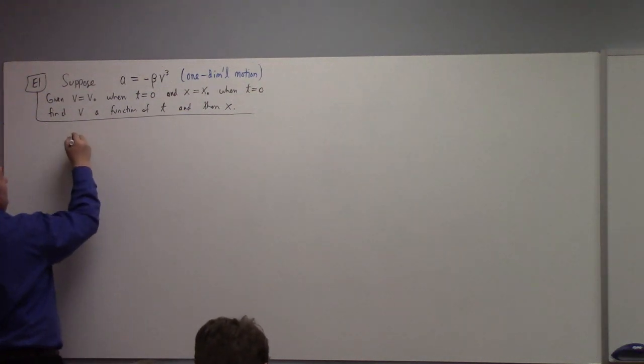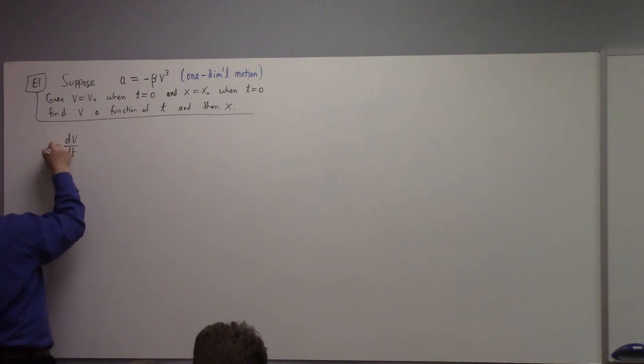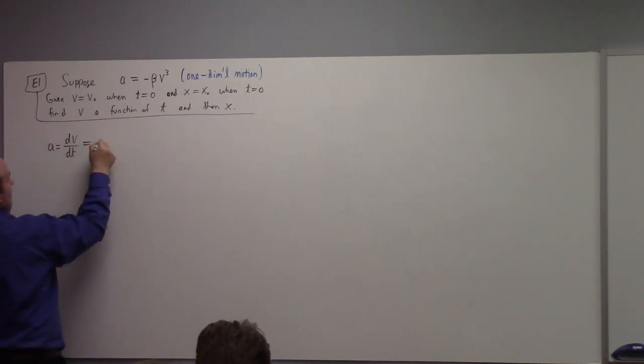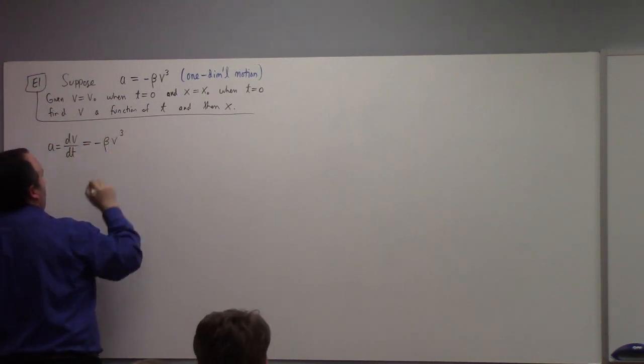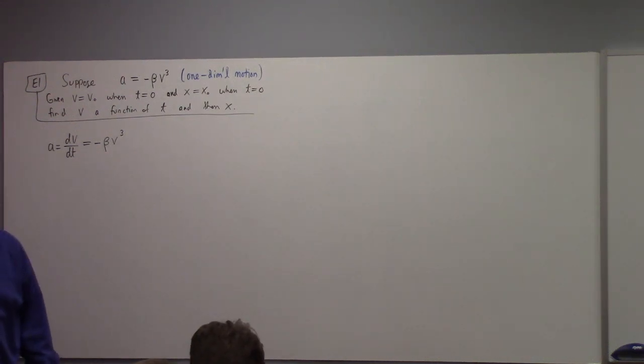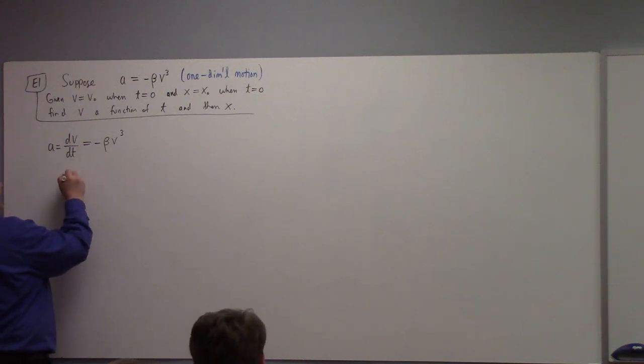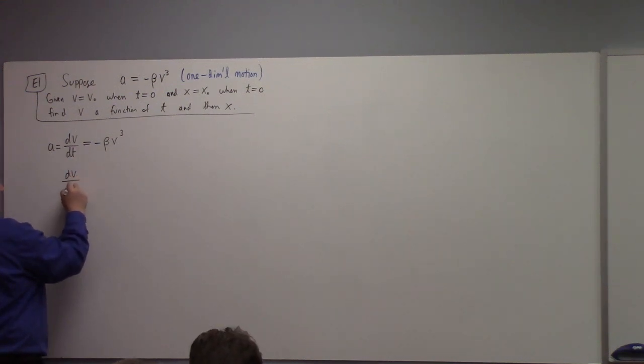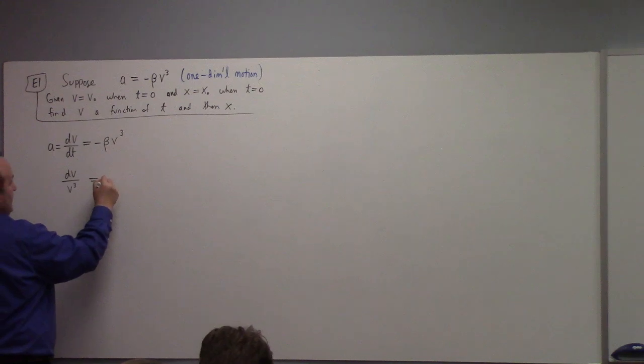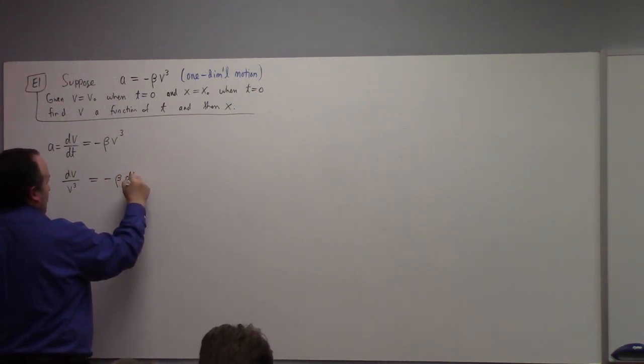We have the acceleration is dv dt, right? But that's also given to be minus beta v cubed. So the way to solve a problem like this is to do what's called separation of variables. So this gives us dv over v cubed is equal to minus beta dt.